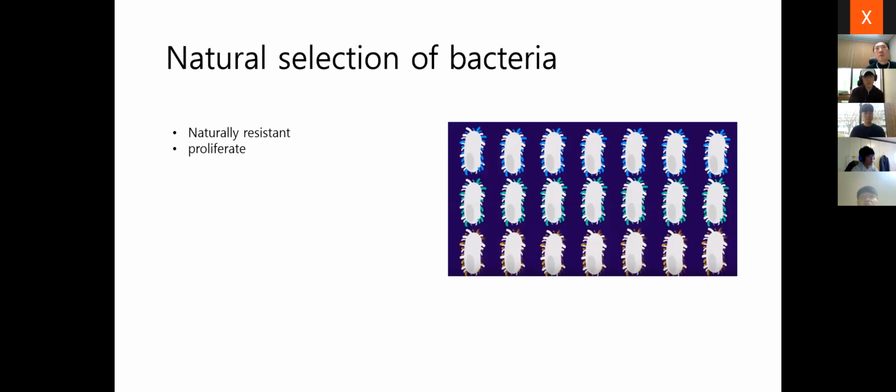To explain the natural selection process of developing resistance, firstly, I will give a brief explanation of natural selection.